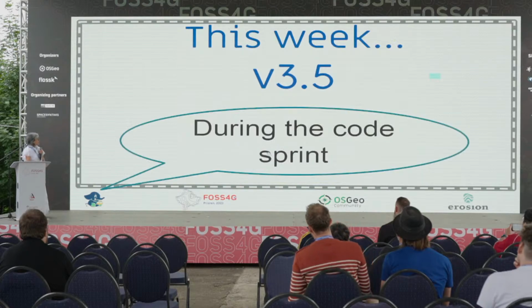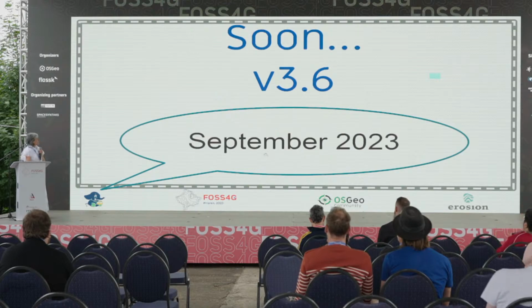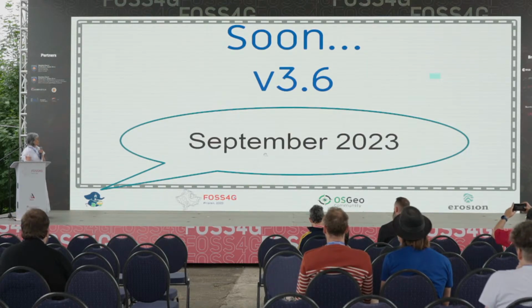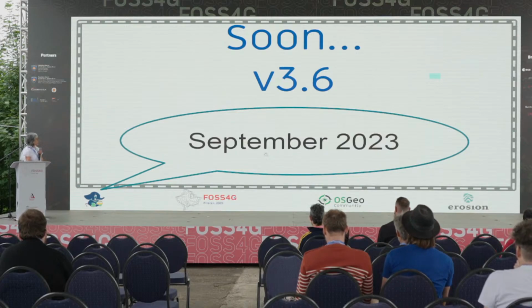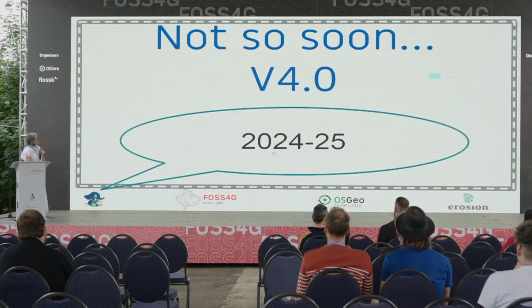And this week, during the code sprint, we will work on 3.5, and soon, in September this year, November probably, we will have a version 3.6. Not so soon, we will have a version 4.0.